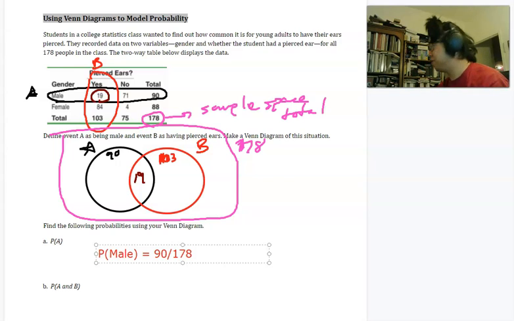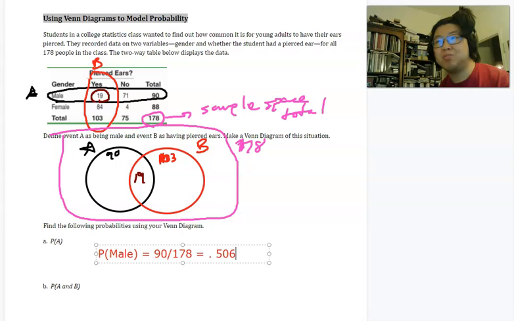And that's simply it. If you wanted to simplify it using a calculator, you plug in 90 divided by 178, and you get 0.5056, so 0.506, let's say. That's about 50%, which you would expect to be about right. About 50% of people are males, right?